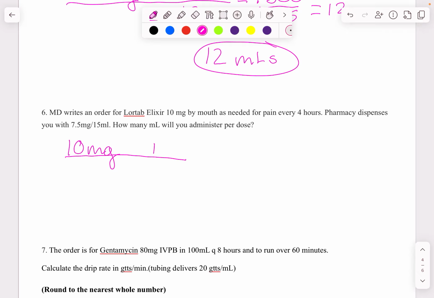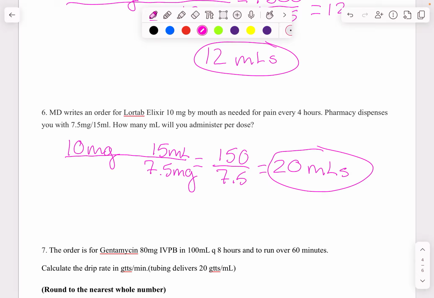We want to know mLs. We have 15 mLs. Balance it out, 7.5 milligrams. 10 times 15 is 150, divided by the 7.5 gives us 20 mLs per dose.